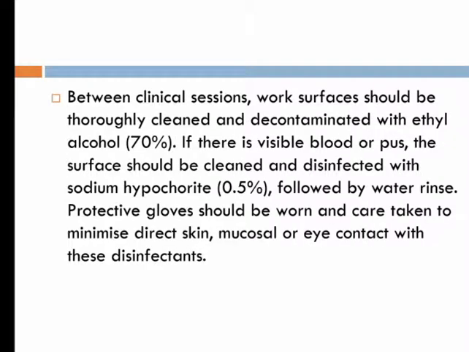Between clinical sessions, work surfaces should be thoroughly cleaned and decontaminated with ethyl alcohol 70%. If there is visible blood or pus, the surface should be cleaned and disinfected with sodium hypochlorite 0.5%, followed by a water rinse. Protective gloves should be worn and care taken to minimize direct skin, mucosal, or eye contact with disinfectants.